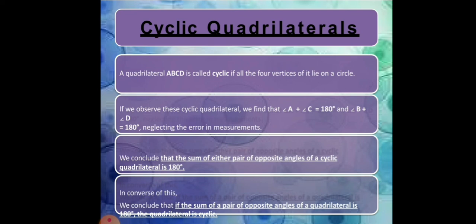If we observe these cyclic quadrilaterals, we find that angle A plus angle C is equal to 180 and angle B plus angle D is equal to 180, neglecting the error in measurement. So we conclude that the sum of either pair of opposite angles of a cyclic quadrilateral is 180. In the converse of this, we conclude that if the sum of a pair of opposite angles of a quadrilateral is 180, then the quadrilateral is cyclic.